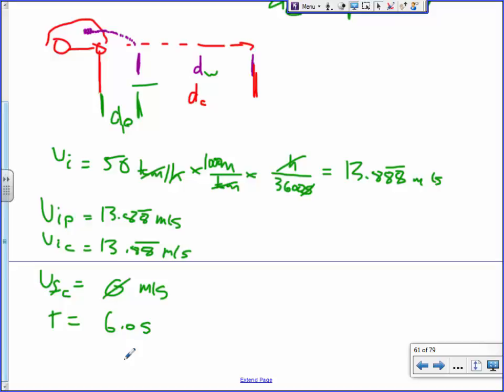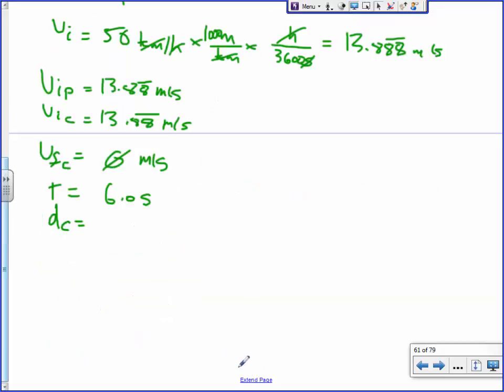No, because really the time is pretty irrelevant, right? I think I have enough information now to find the distance the car traveled. Does that make sense? The distance the car traveled would be the velocity initial of the car plus the velocity final of the car divided by 2, all times the time. I'm taking the formula and throwing some more subscripts after it to keep track of the car versus the phone.